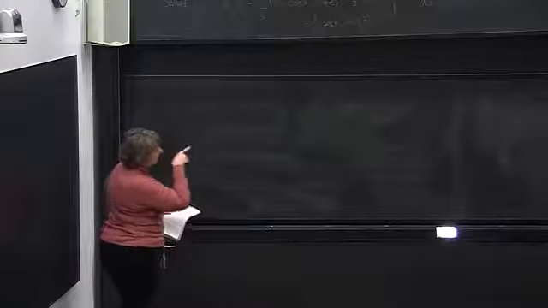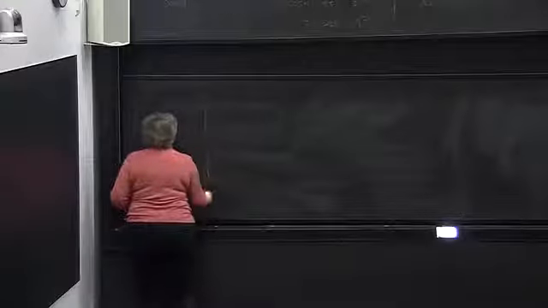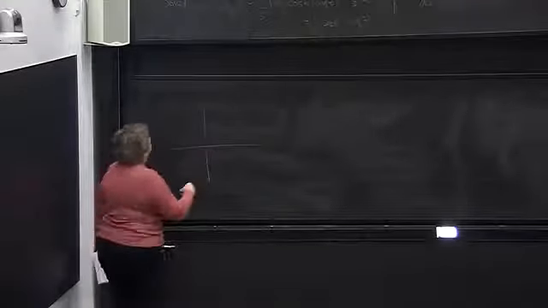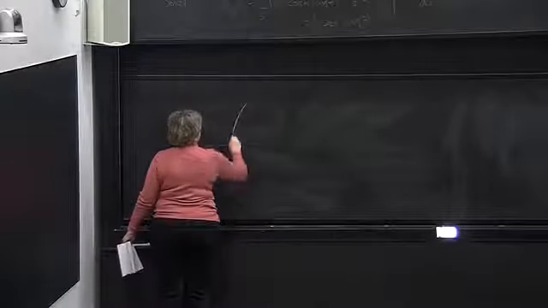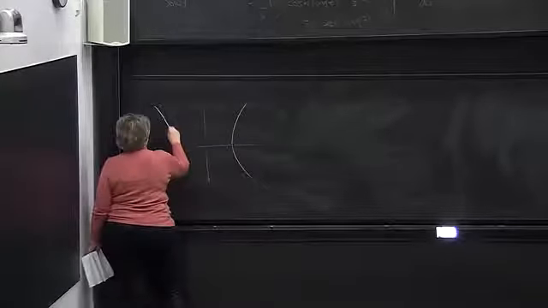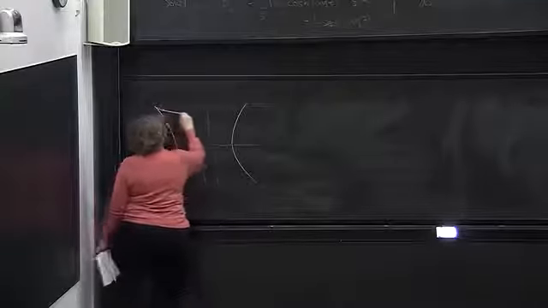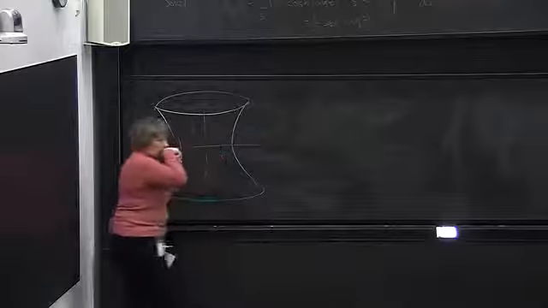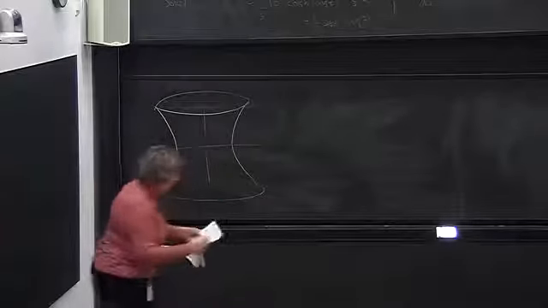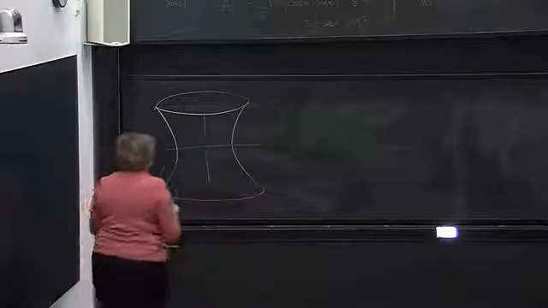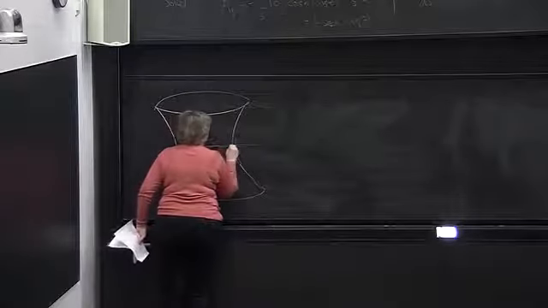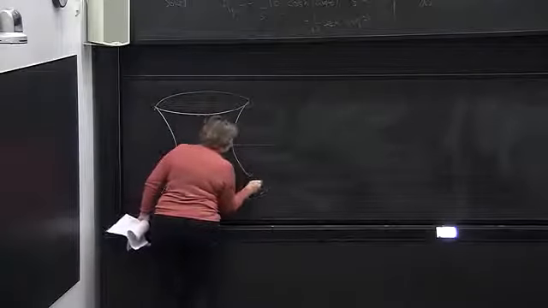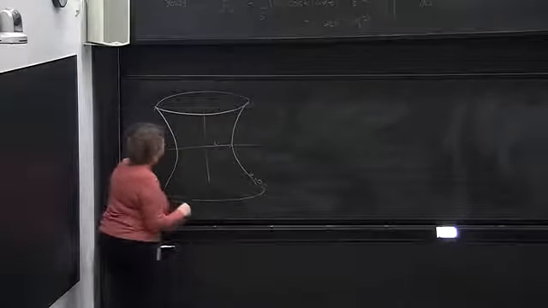So if I now go back to looking at that transformation, the wall is at tau squared minus z squared equals L squared, so this here would be L. So this is z equals 0.